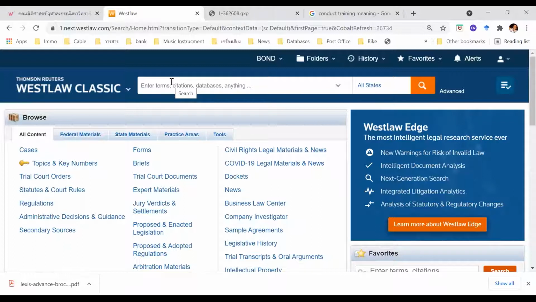So the better way to start searching is to select the source first before you start searching. This is what we call the basic search. If you want to conduct a complex search, with multiple or specific searches in any fields, I recommend you use the advanced search. This is how the homepage looks.